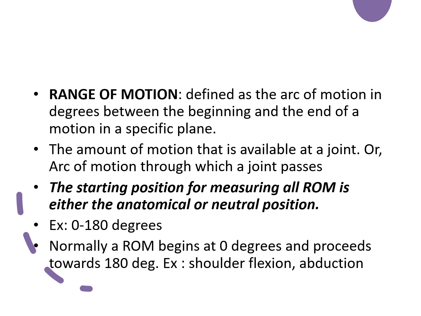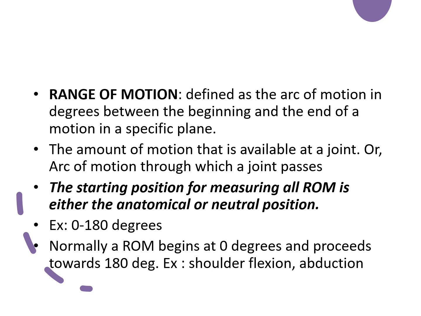That arc of motion happening at a particular range, when you measure it in degrees, is known as range of motion. So the range of motion at shoulder abduction is 0 to 180 degrees. It is the amount of motion that is available at a joint, or the arc of motion through which a joint passes.